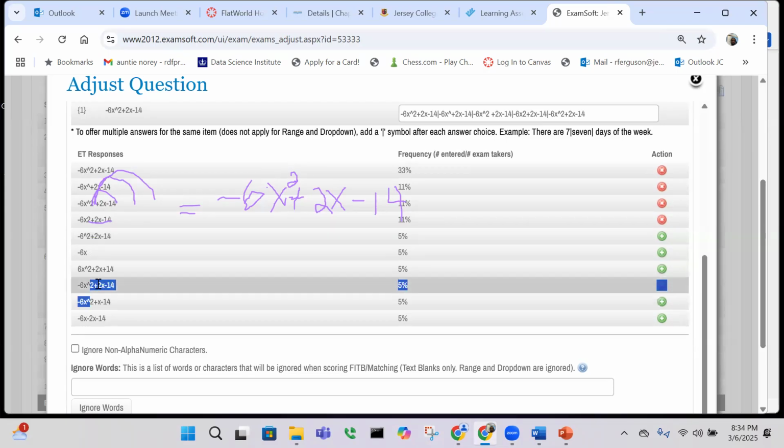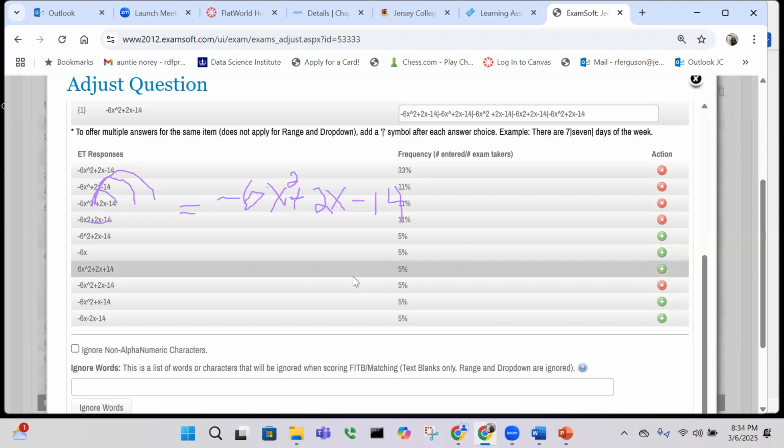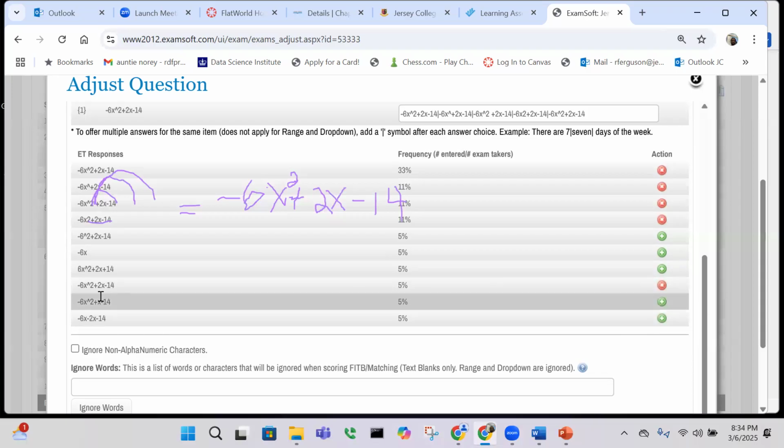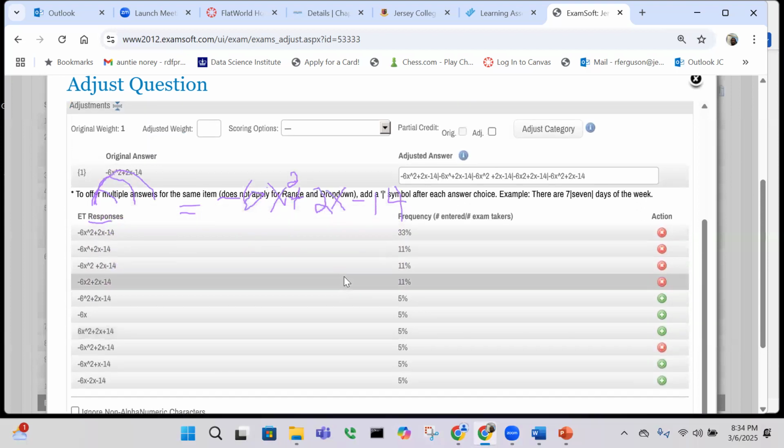This is negative, but is this right? This looked like the right thing also. Anyway, I think it's right. And this one is already checked right. This one is wrong. They did it like how I did it. They didn't put the 2. And this one, the signs are off. So those are the ones I would give credit to.